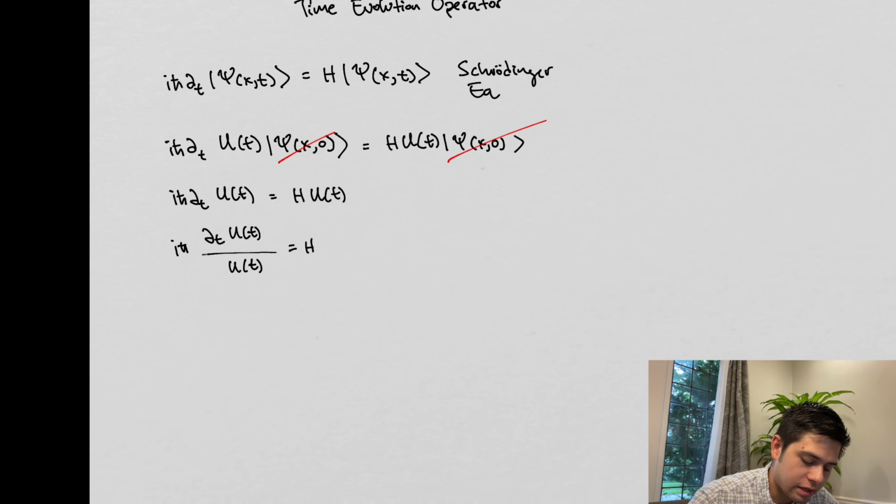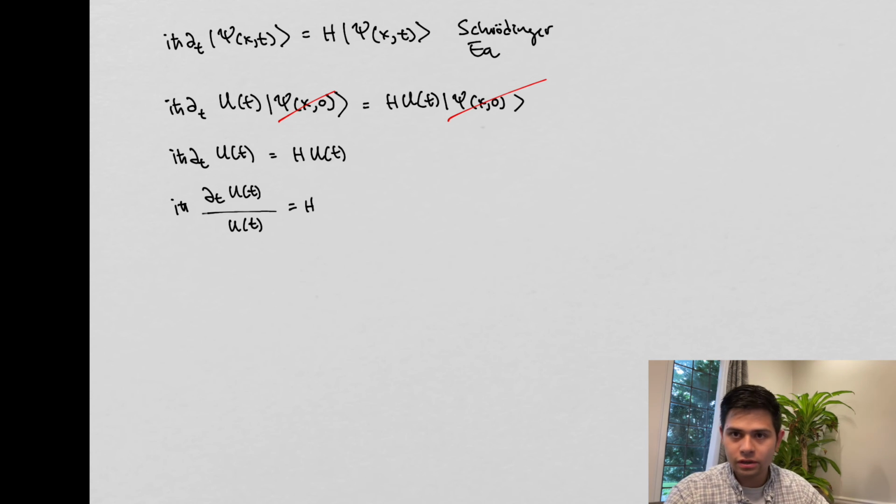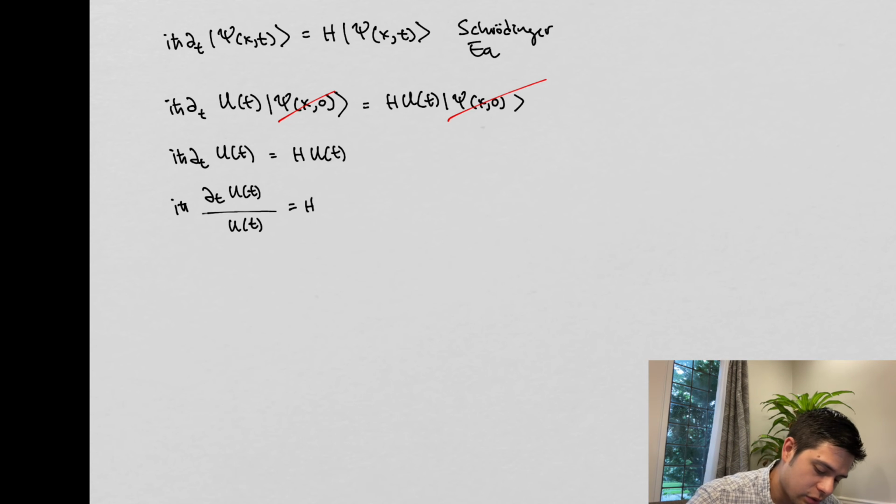If you recognize this as a differential equation, you need to have taken differential equations a little bit, but the solution to this equation is that u of t has a particular form, and so u of t has this form to it.